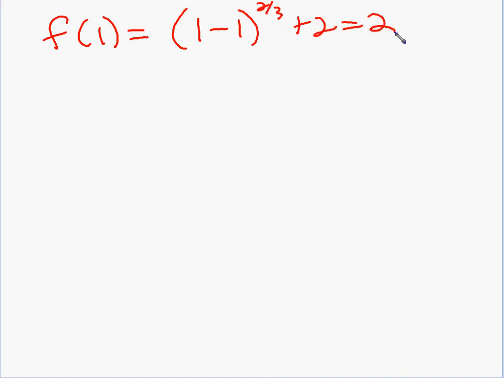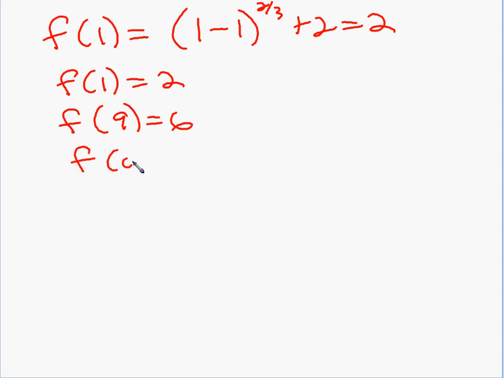So now I've got three values. I've got f of 1 equals 2. I've got f of 9 equals 6. And f of 0, didn't that equal 3? Right? So look what I've got if I sketch a graph now.